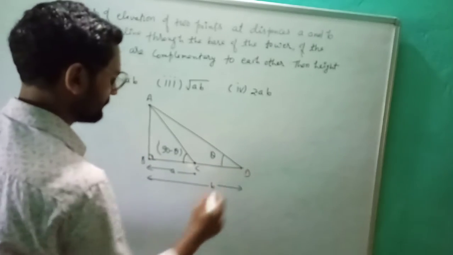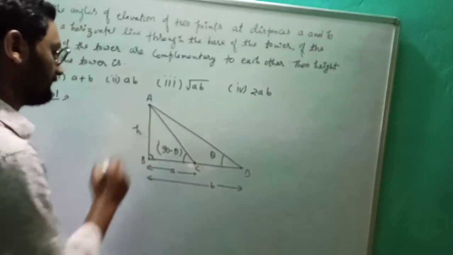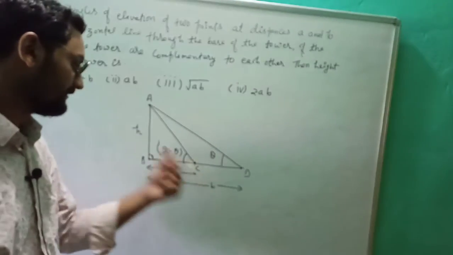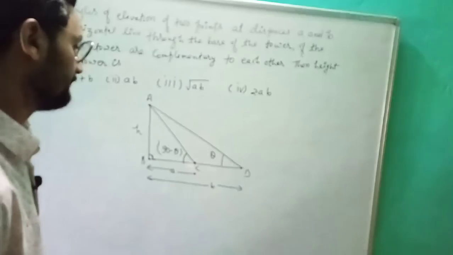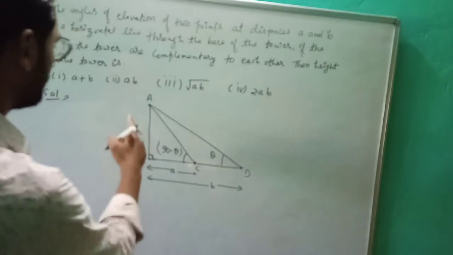So suppose these are the points. AB is the tower, so let the height of the tower be h. C is the point which is a units away from this vertical tower, and similarly D is the point which is b units away from this tower.